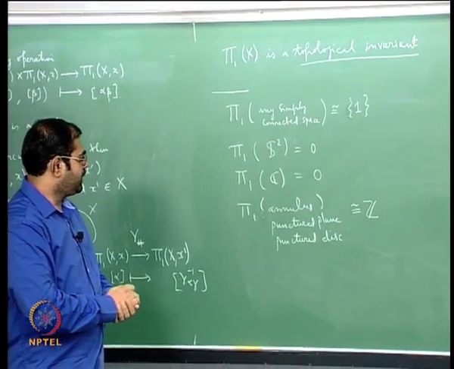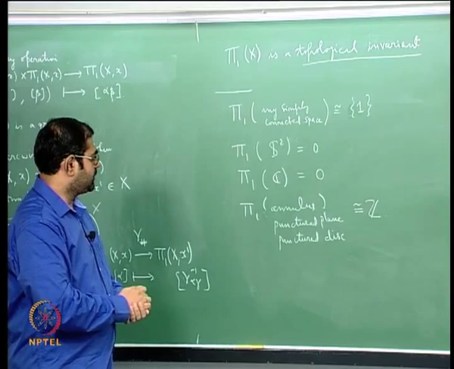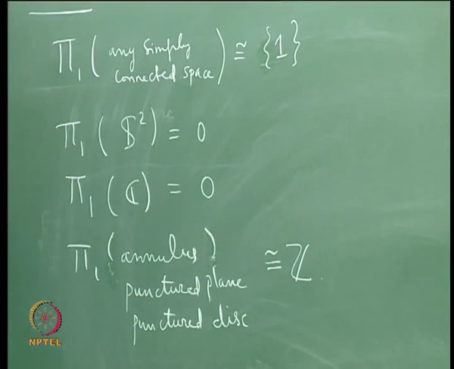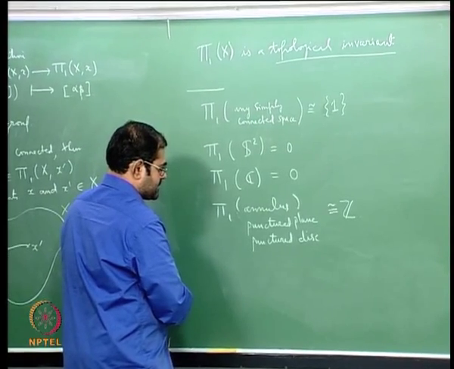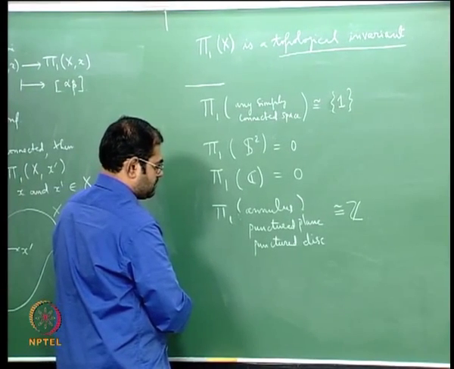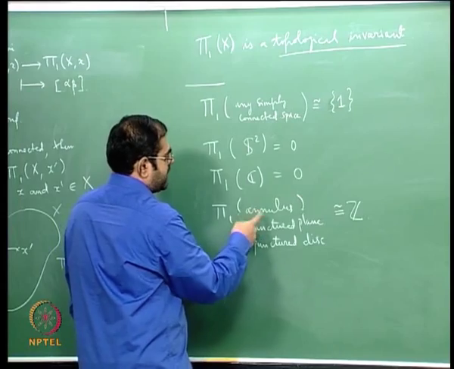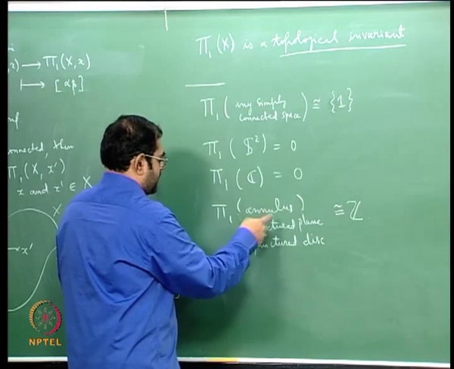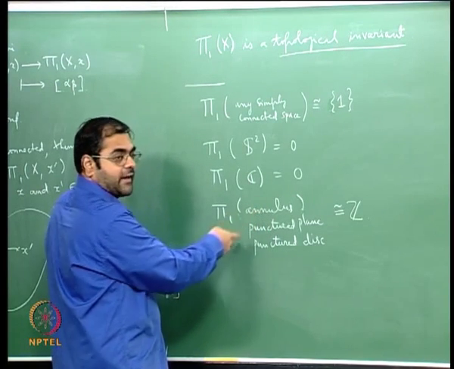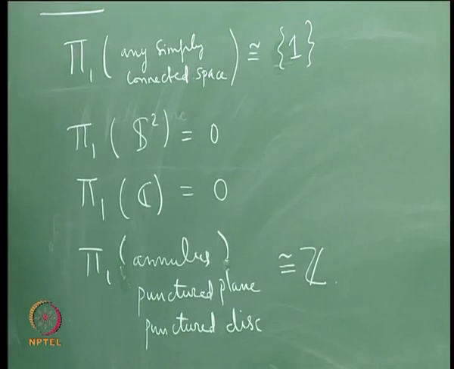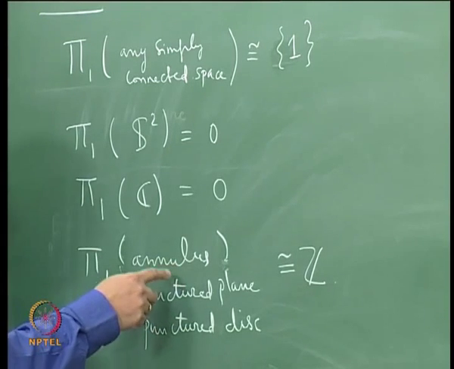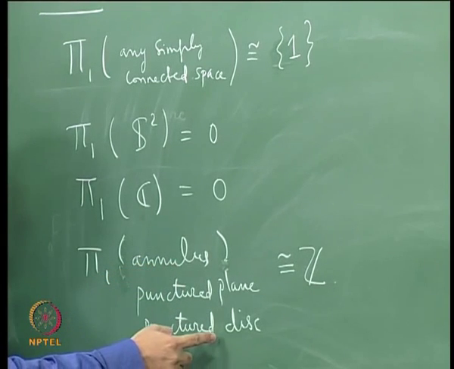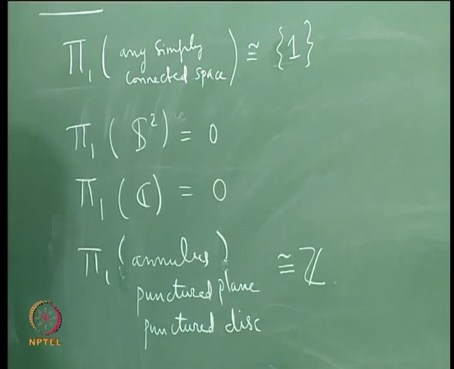And of course, in a sense the punctured plane is also an annulus with inner radius tending to 0 and outer radius infinity, in a certain sense. And if you keep the inner radius 0 and fix the outer radius, you are going to get a punctured disk, okay.